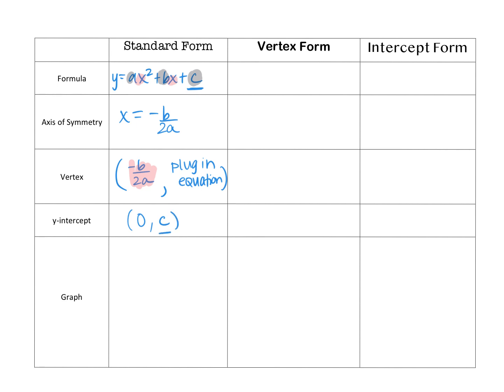And then the graph, if you're going to graph this, you start by plotting the axis of symmetry. Once you have the axis of symmetry, you're going to find the vertex. Once you have that, you can do the y-intercept. Okay, and the point that's across, just like we've been doing all year.